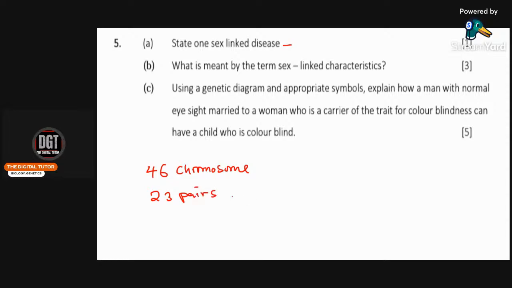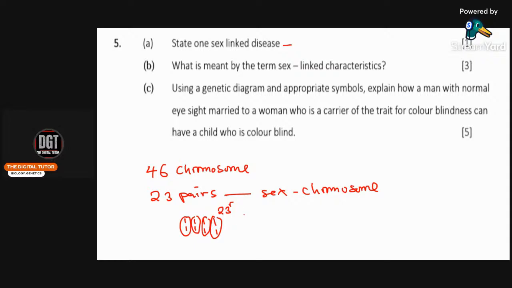The 23rd pair is the sex chromosome. Pair number 1, pair number 2, up to pair number 23, which is the sex-determining pair.